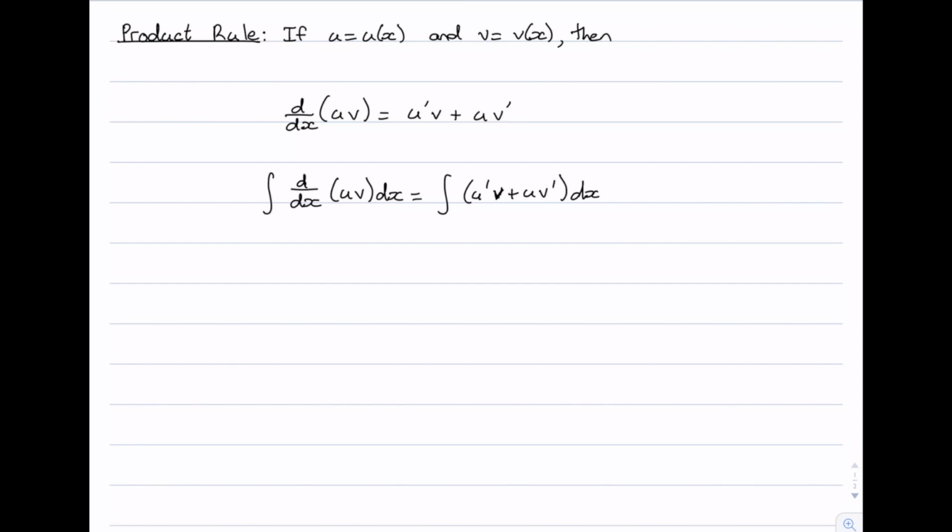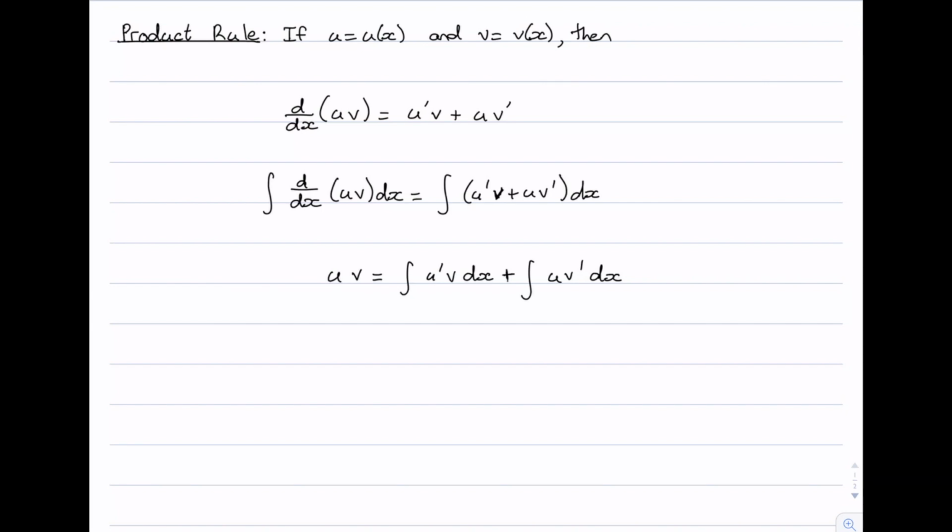Okay, now the left-hand side. We're integrating a derivative. So that's just going to give us back our original thing, which is uv. So we have u times v here. And on the right-hand side, well, we have the integral of a sum of things. And since integration is a linear operation, we can split that up into two separate integrals. So that's going to be the integral of u dash v dx plus the integral of u v dash dx.